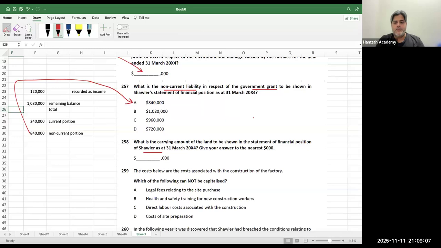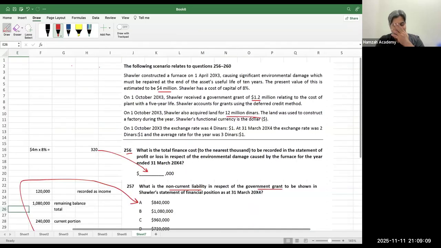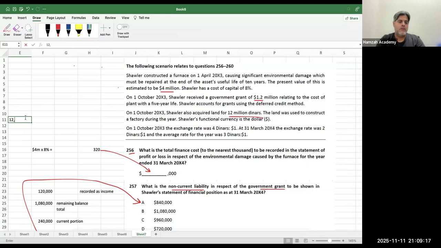At the year end, it's translated at the closing rate. So it's 12 million dinars by exchange rate 3 dinars to $1, right? If it's 3 dinars to $1, this is for the 12 million dinars, so divided by 3.